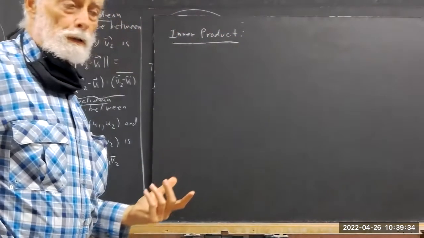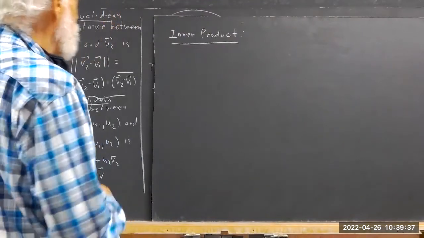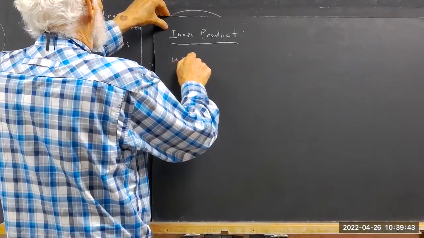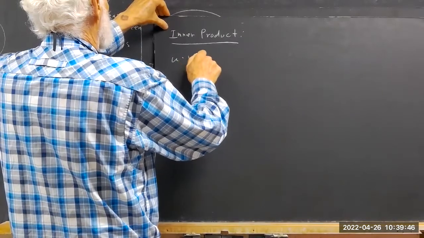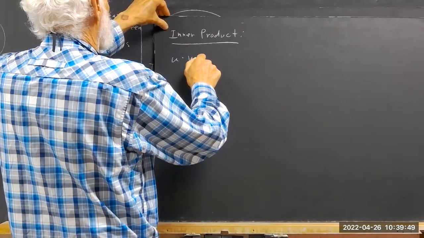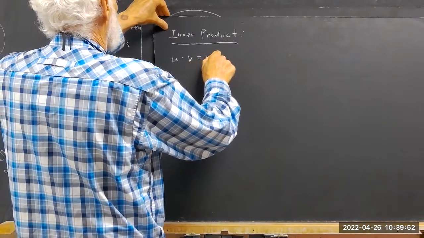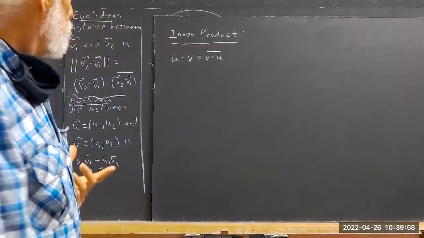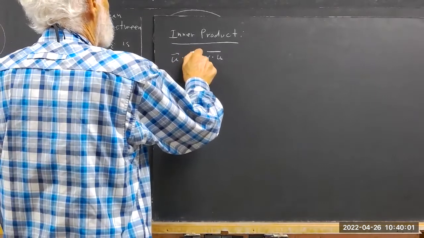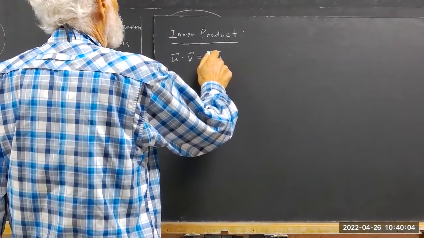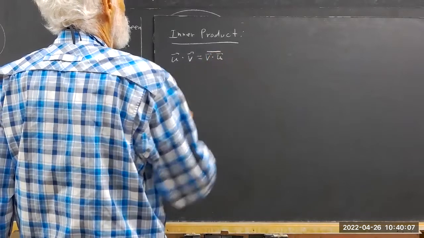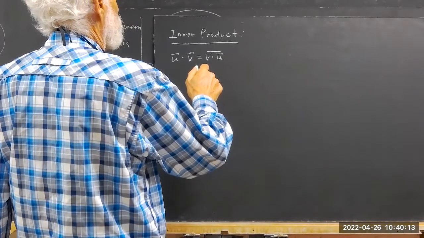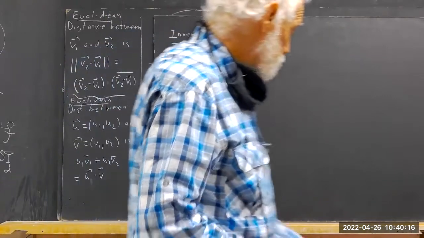In general, an inner product has the property that the inner product of two vectors, and I think I'm writing that down wrong.